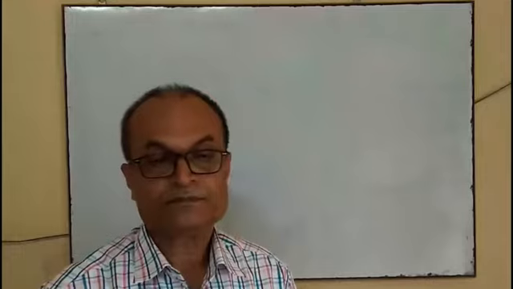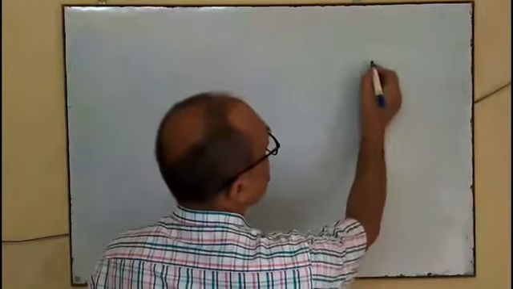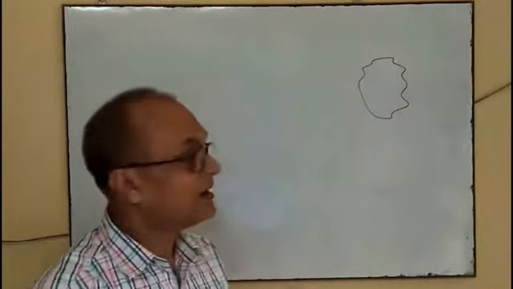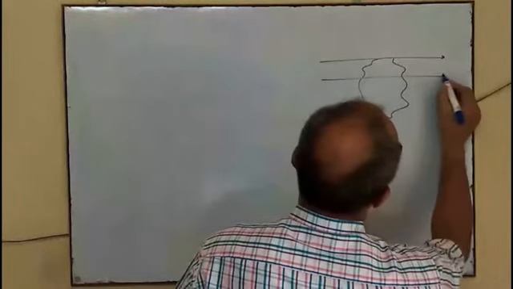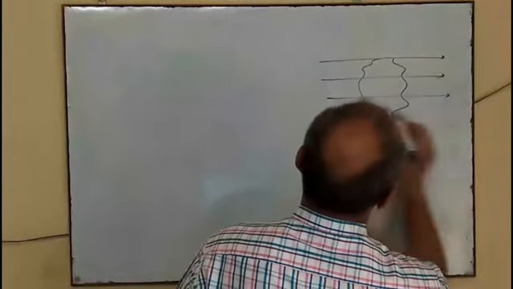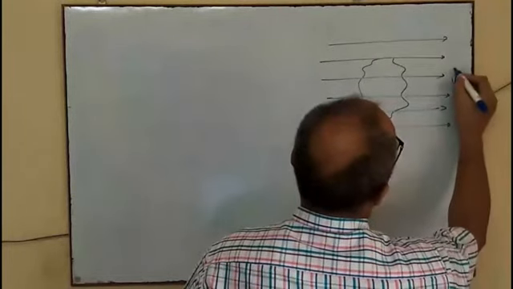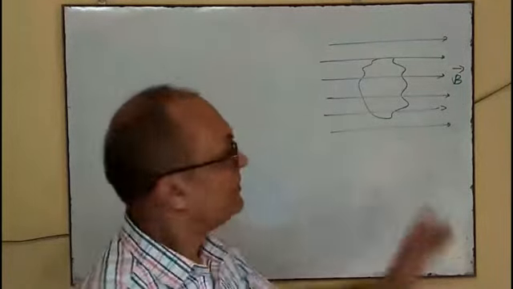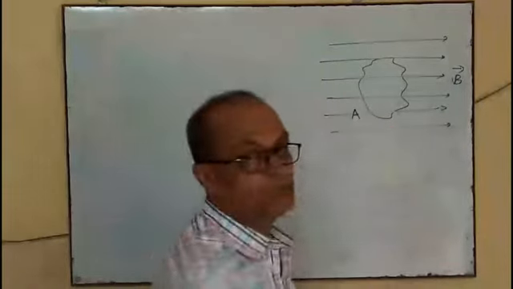Suppose this is a surface of area A, and a uniform magnetic field B is passing through it.